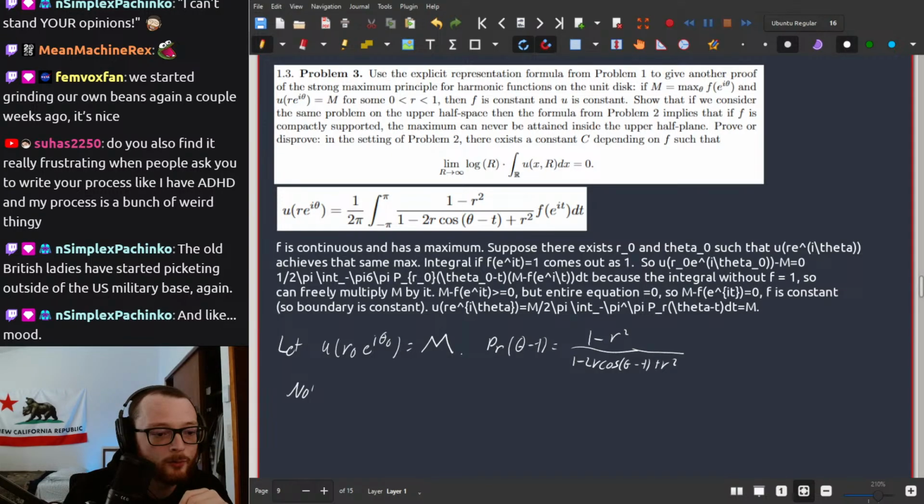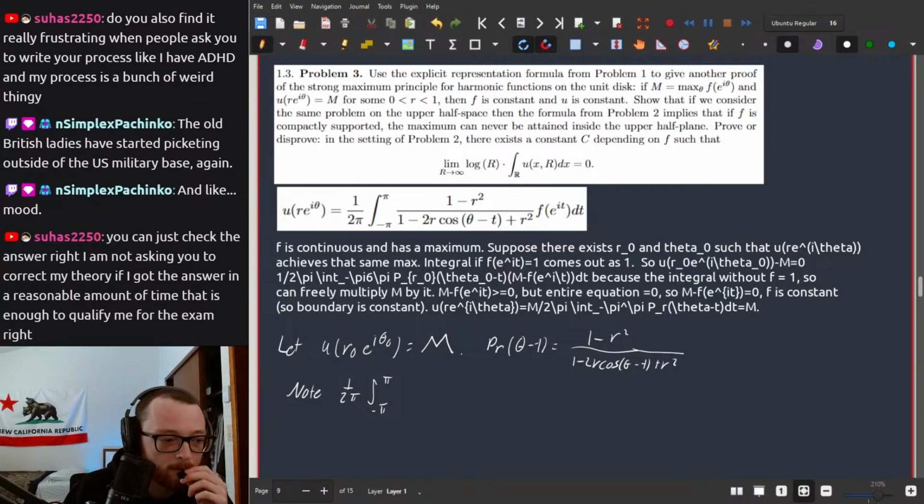We are gonna note... oops, 1/2 pi. Pizza bar. Wait, should I be including the 2 pi in my definition? Hmm.